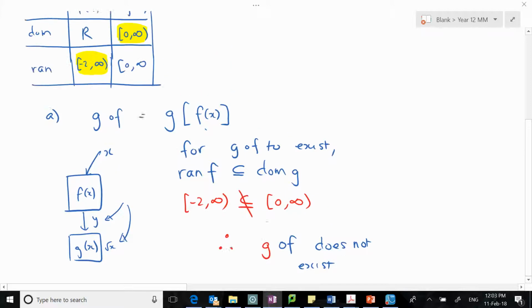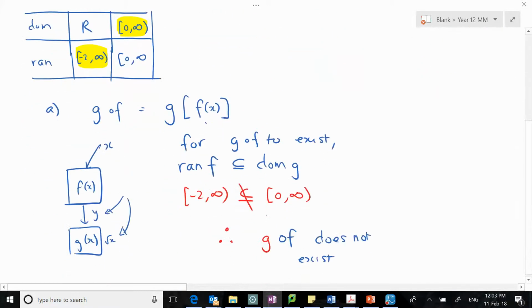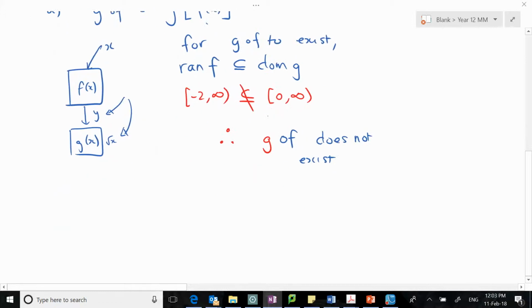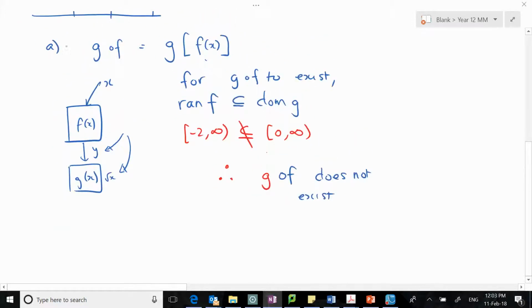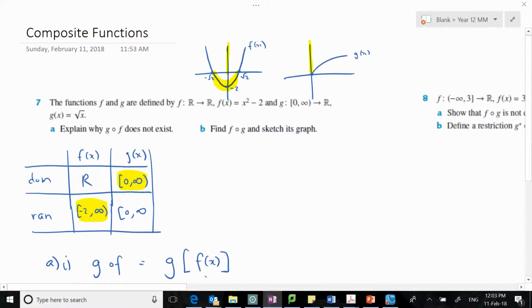I wonder if they ask you to restrict it. No, they don't. Well, normally, I'm just going to do a bit of a tangent now. Let's say we know g of f doesn't exist, then the question normally says, restrict the domain so that g of f does exist. So you want it to exist, because right now it does not. So how would you restrict the domain so that it does work?